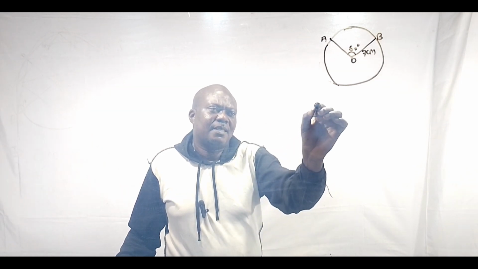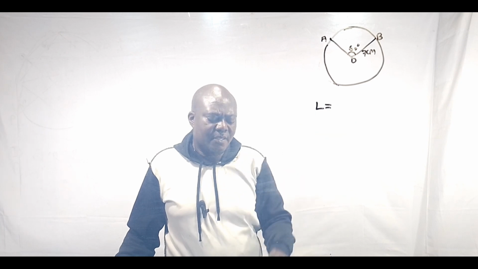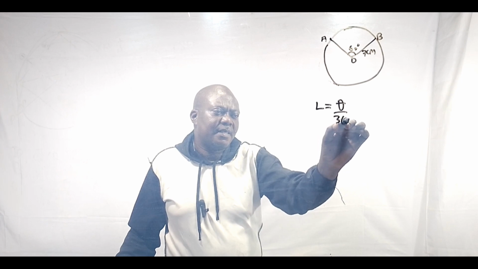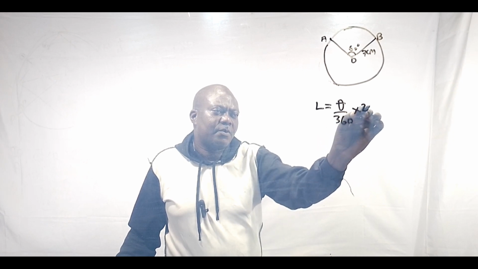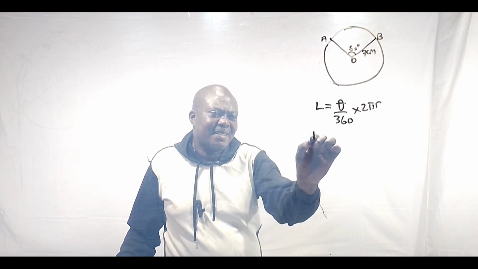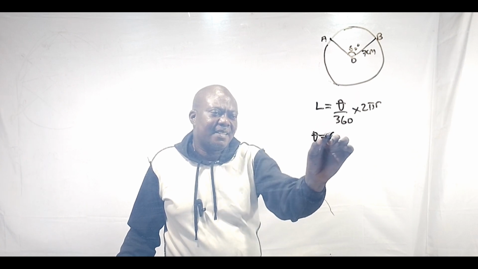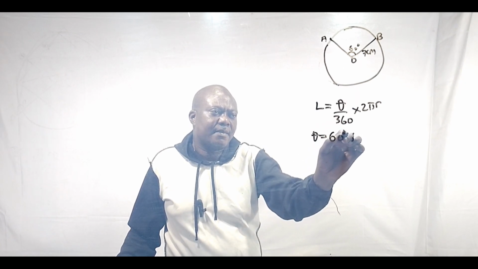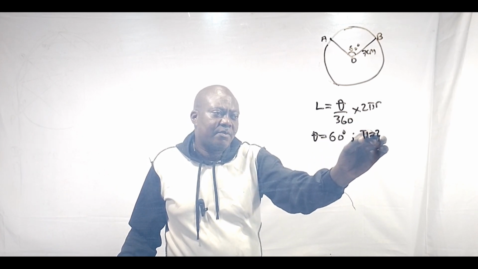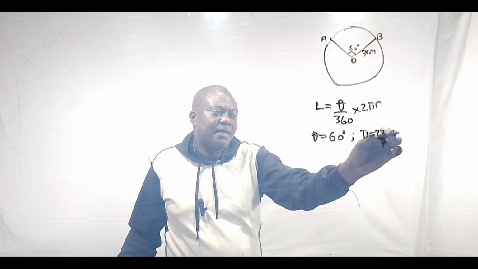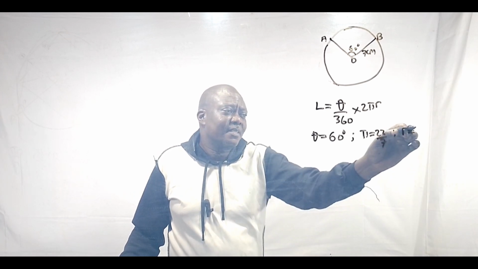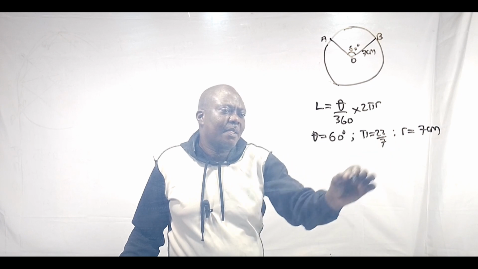The formula is: length of an arc equals theta over 360 times 2 pi r, where theta here is the angle at the center, 60 degrees, and pi is also a constant, 22 over 7 is given, and our r, the radius, is given to us as 7 centimeters.